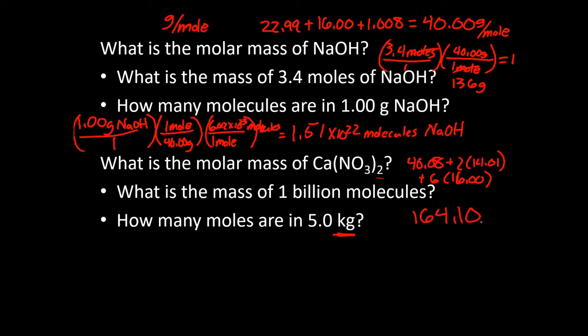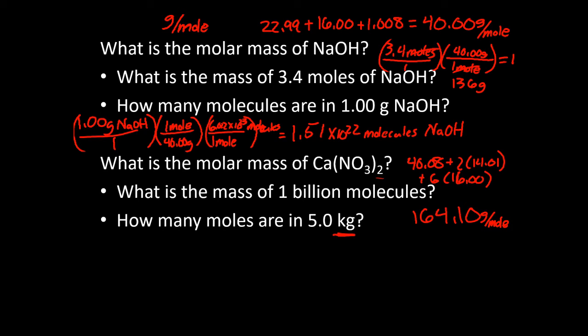Oh, wait. Did I do that right? No, yeah, I did that right. Sorry, questioning my calculator work, but I believe I did that correctly. 164.10 grams per mole. Okay. So that is the molar mass of calcium nitrate.